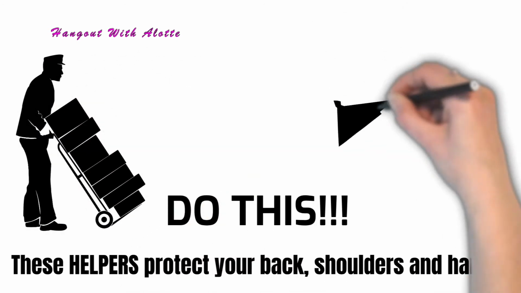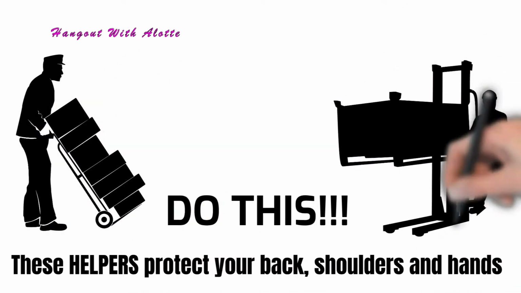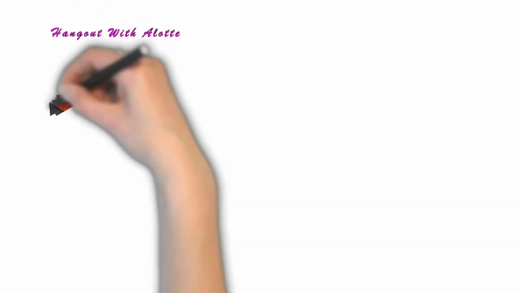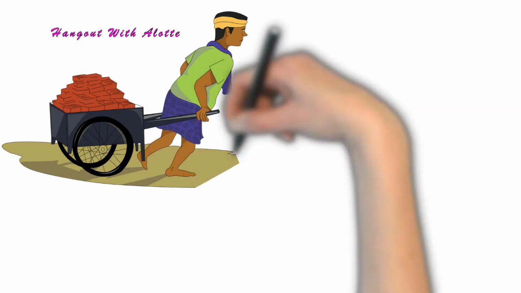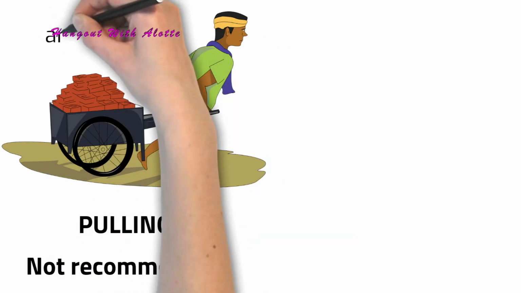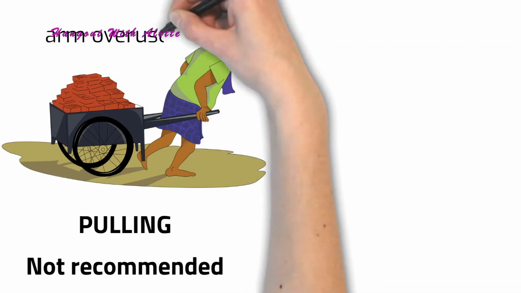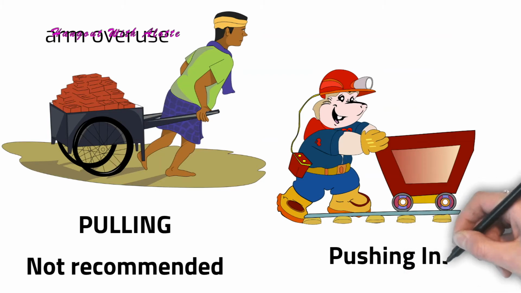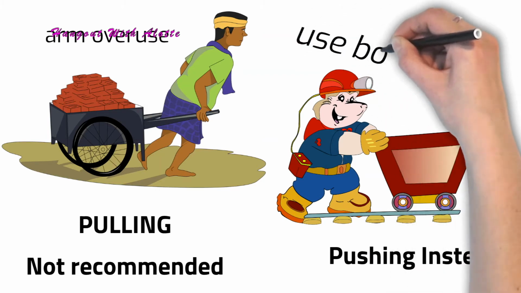Use the push cart, use the lifter, or have someone help you out. If you need to pull something, pulling is not recommended because it could cause overuse. Do pushing instead because you use your body more.